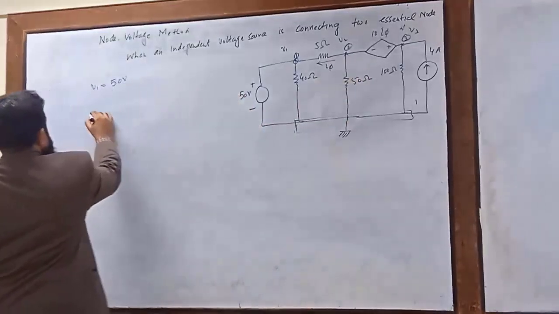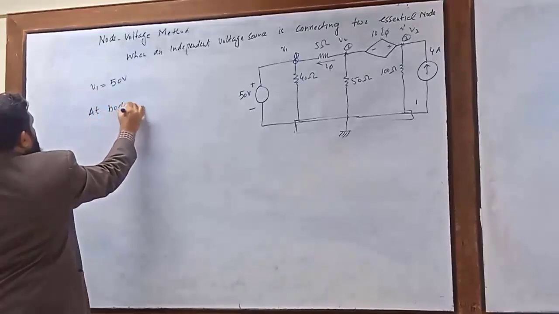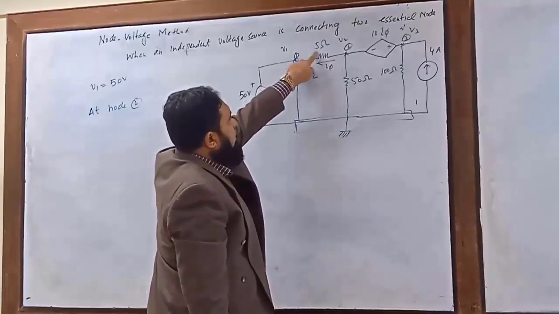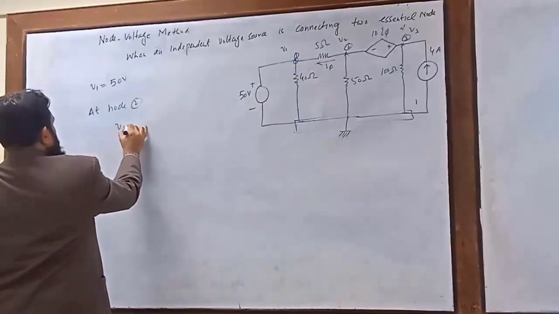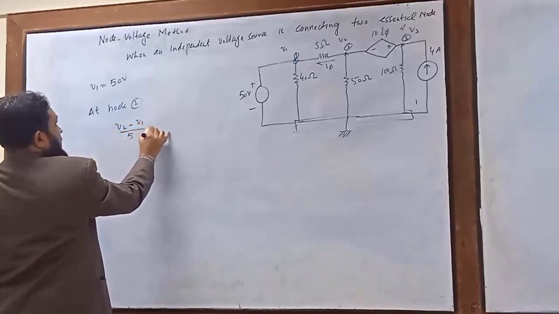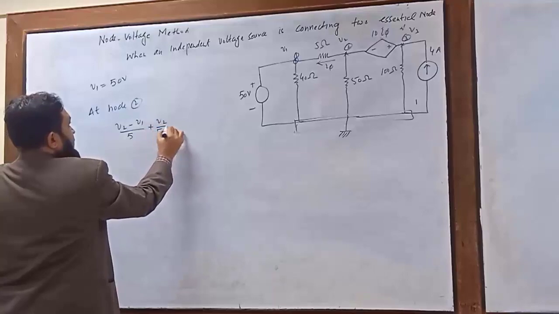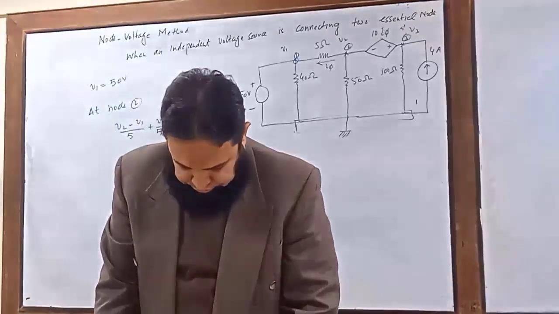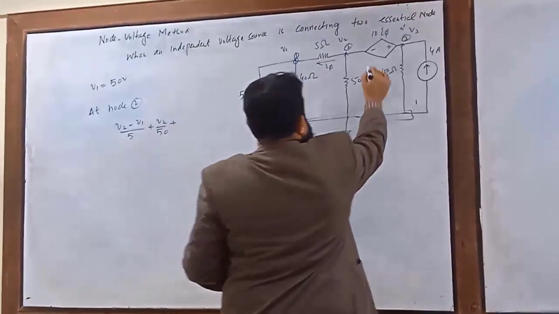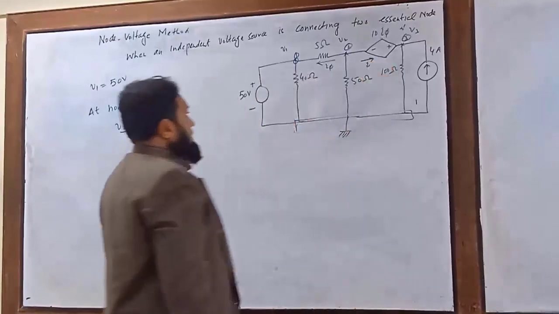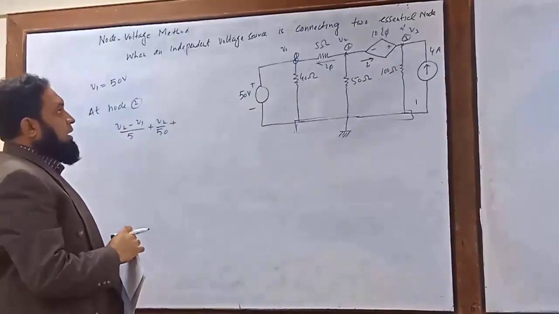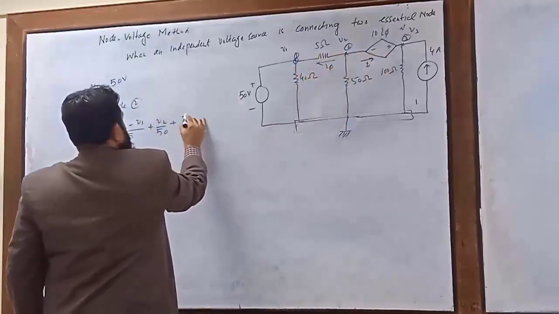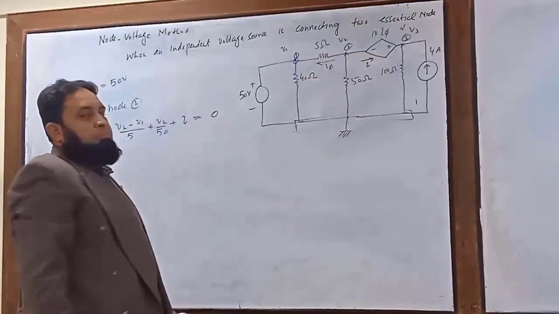We have V2 minus V1 divided by 5, plus V2 divided by 50, and let's say one current is assumed here, denoted by I. We can simply say the current is moving away here. So we can write this with I, equal to 0. Okay.